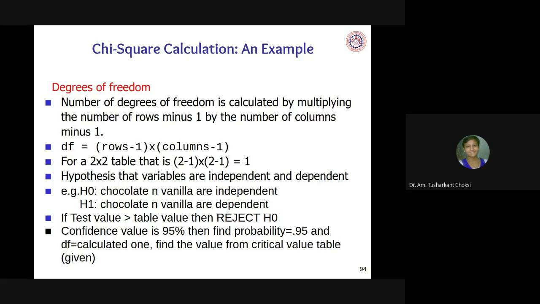This way we can find the degrees of freedom. For a 2 cross 2 table, that is 2 minus 1 into 2 minus 1, which is equal to 1.